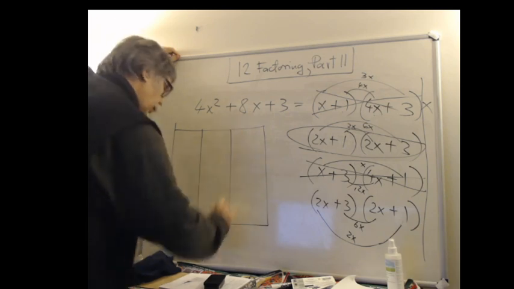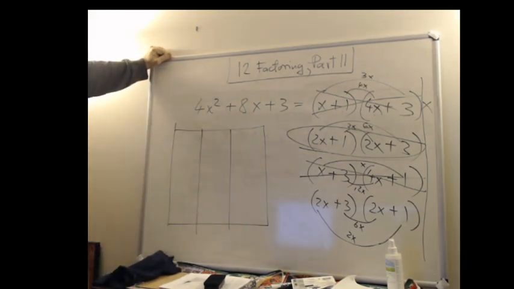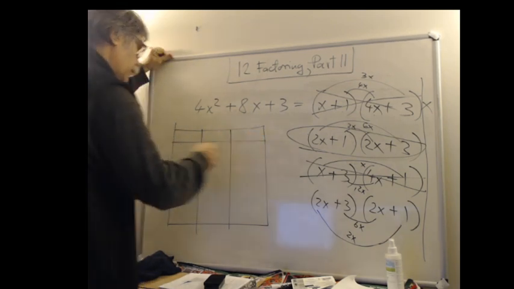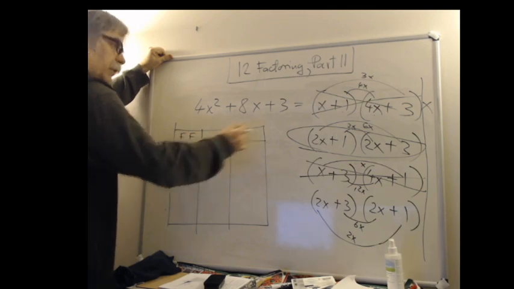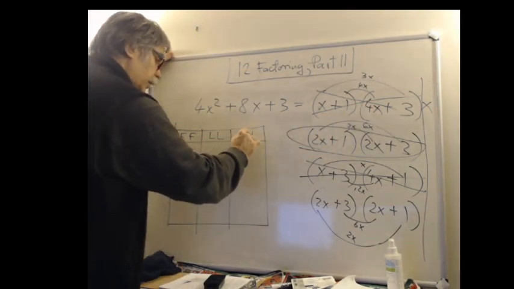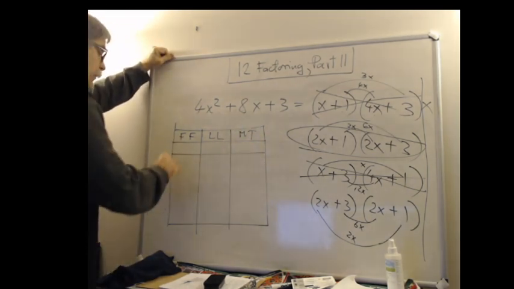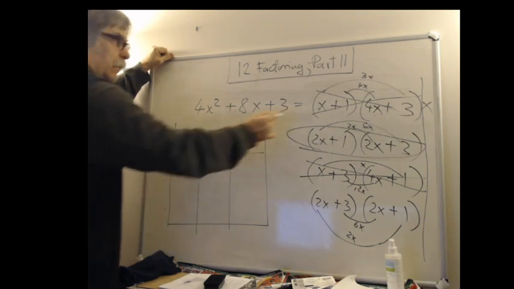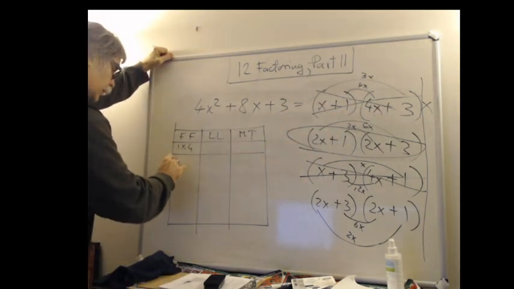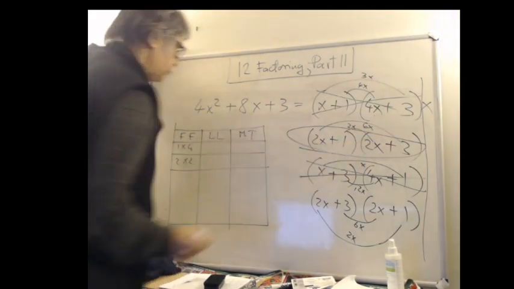Okay? It's a little bit more organized. You get a little less stuff like that. That doesn't look very organized, okay? First and first, you're guessing what is here, what is here. Last and last, and middle term check. So the options are 1 and 4, 1 and 4, and 2 and 2. 2 and 2.